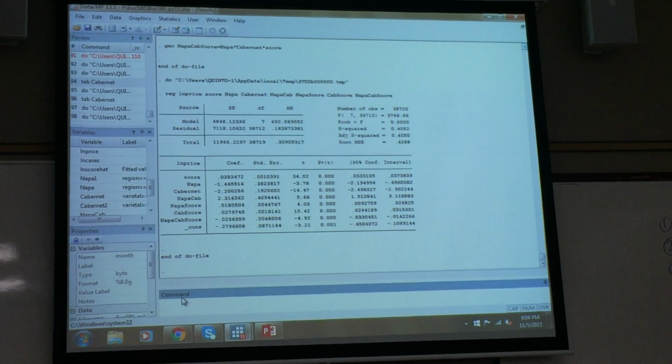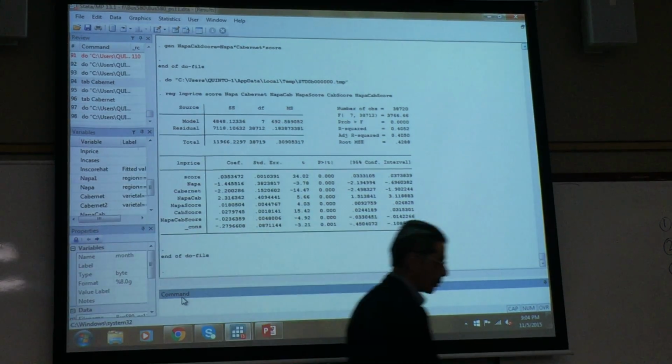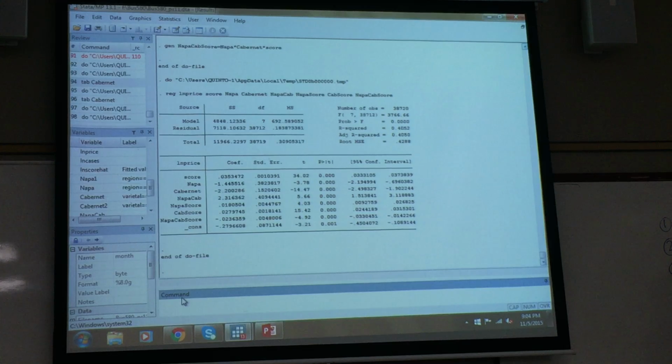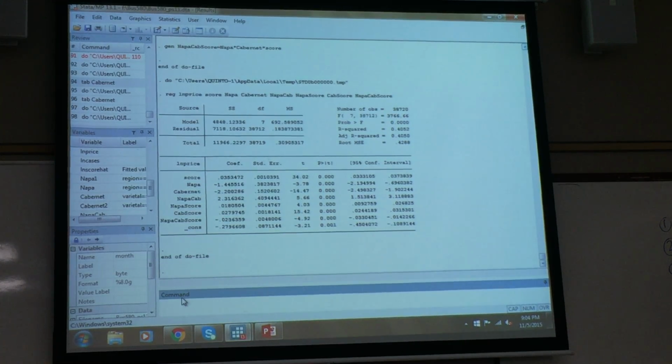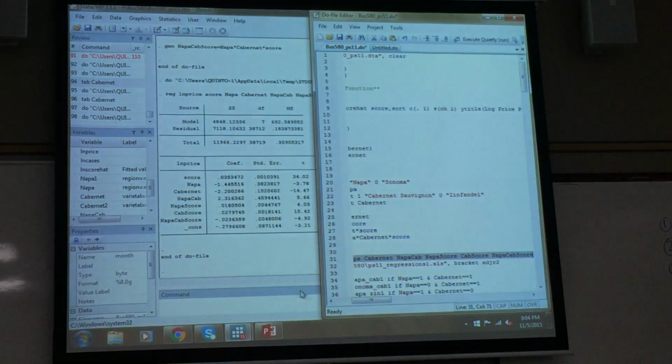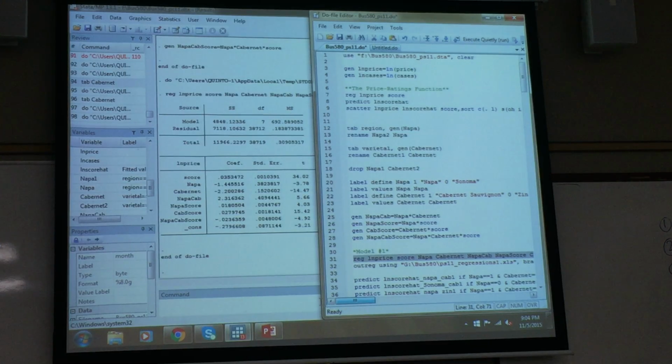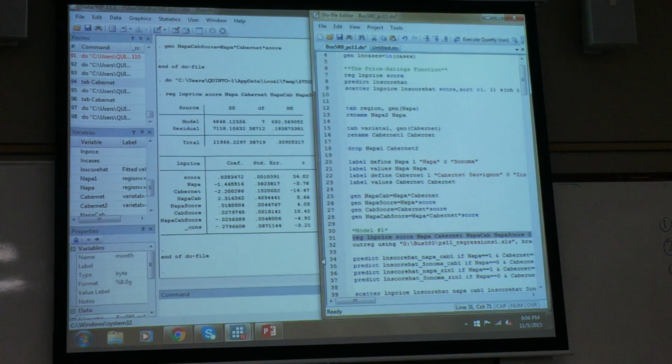And then we can do all the math like we did in the PowerPoint. We calculate the ratings effect for Napa Zin, and so on and so on, and do all the predictions.